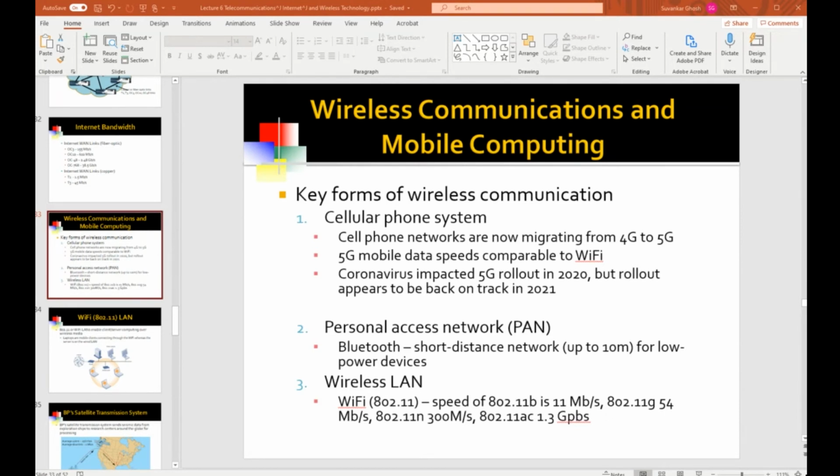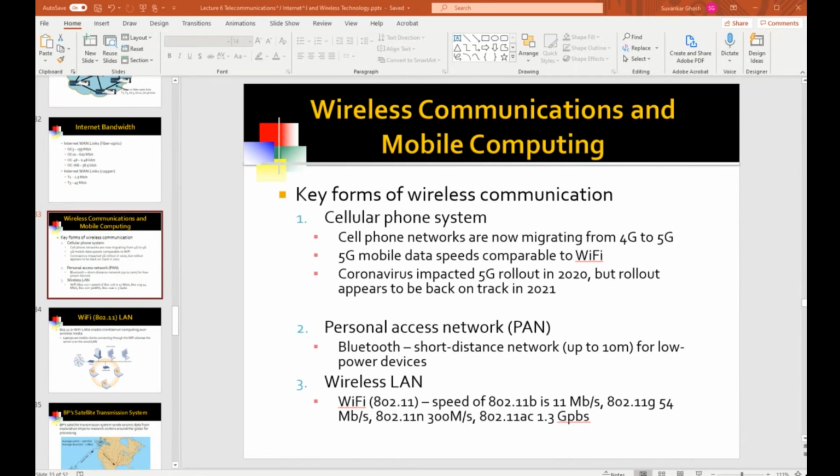If you look at 2021 and the deployment plans of 5G by the various wireless cellular networks, you would see that these plans are aggressive, and a lot of the 5G rollout we can expect to see in 2021. 5G is really bringing mobile data performance on par with the kind of performance you see from Wi-Fi networks.